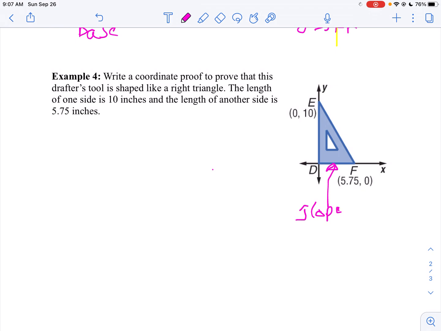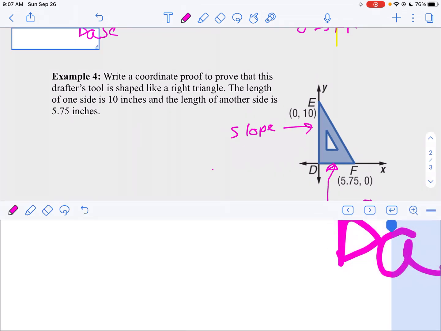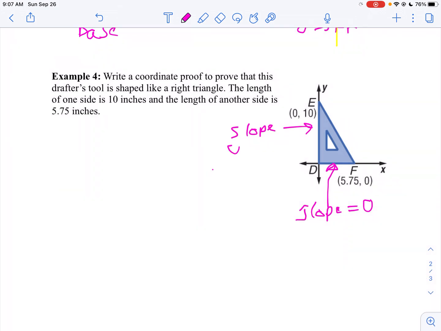And just like the previous problem, since I have a horizontal line, I know the slope of my horizontal line is 0. I know the slope of my vertical line is undefined. And since we know 0 and undefined are perpendicular, that makes it a right triangle.